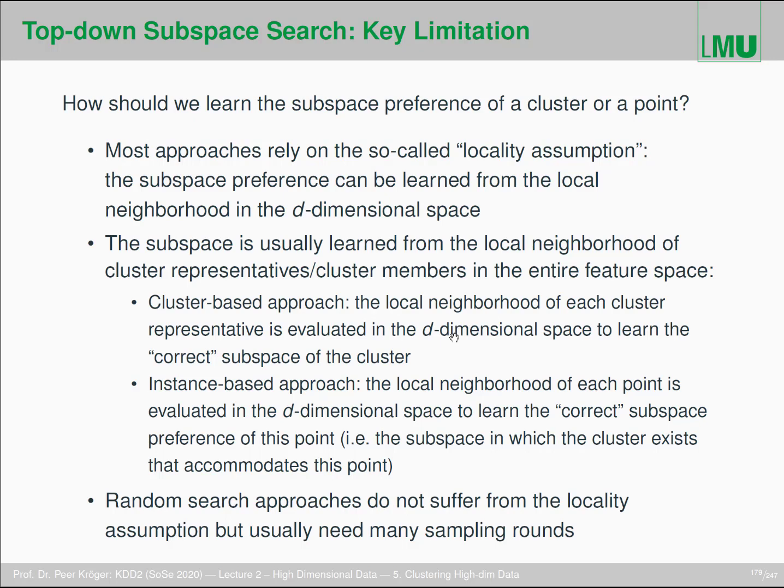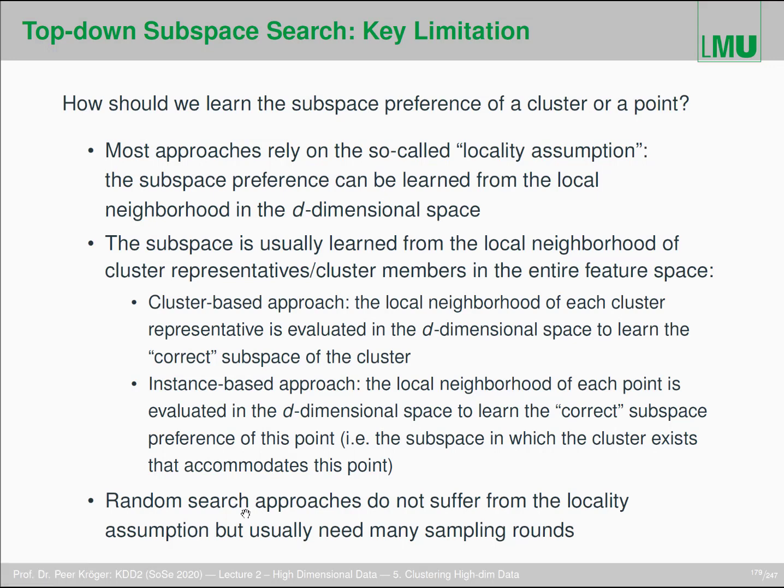That's why we are doing subspace search and projected clustering, subspace clustering. But okay, that's how it is. And the same holds true for the instance-based approach, where the local neighborhood of each point is evaluated in the full dimensional space to learn the correct subspace preference for this point.